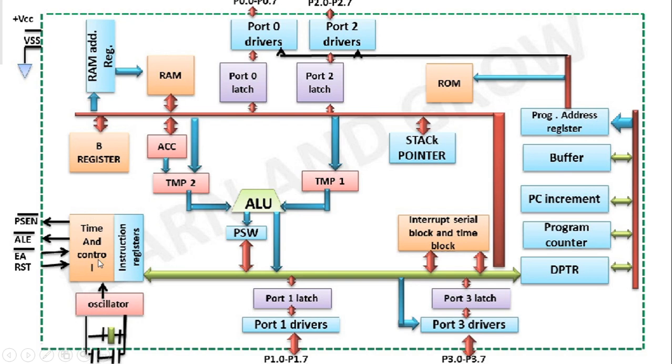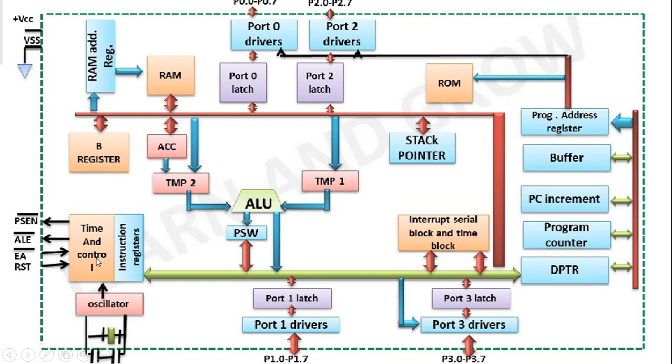Okay, and this timer and control unit, based on the timer register available in it, can store the timer information, and this unit can start countdown operation based on the clock pulses available from this oscillator. And it can generate various control signals like PSEN, program store enable, address latch enable, external access enable, and reset. So all these are the control signals generated and received by this timing and control unit.